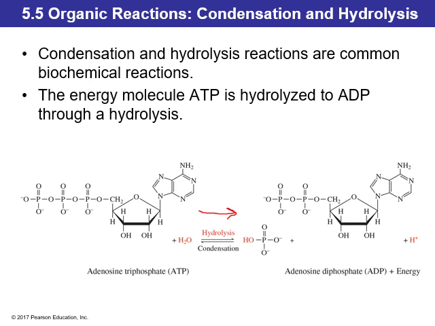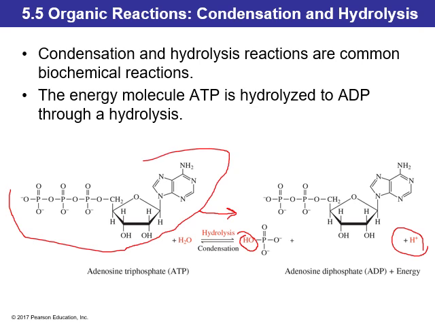The water is getting split in two and is used to split this molecule apart. You'll also notice we start out with this one big molecule, and now we've split it into two pieces.